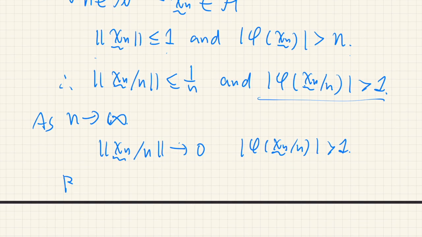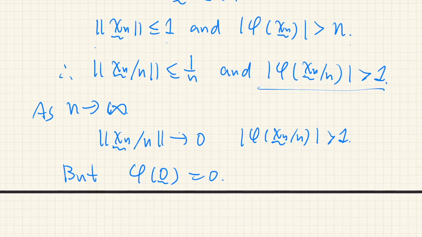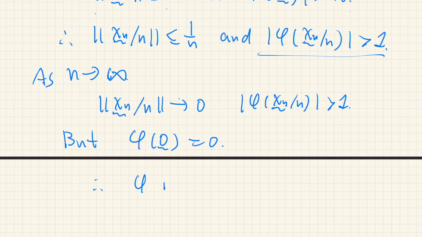But since phi is a linear operator, phi of 0 is equal to 0. So that means phi is not continuous. But of course, phi should be continuous, so it's a contradiction. So the converse has been proved.